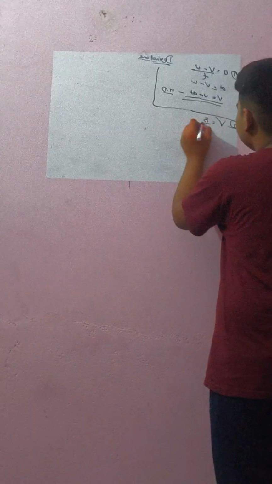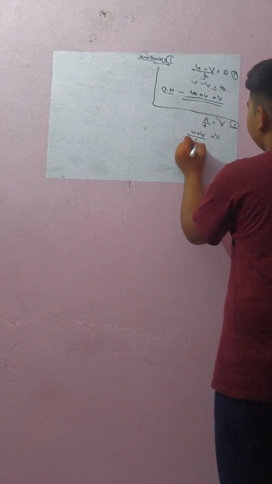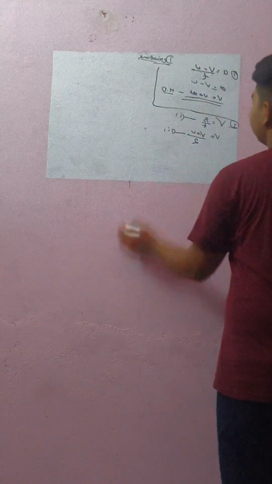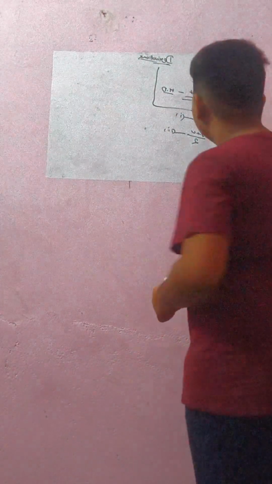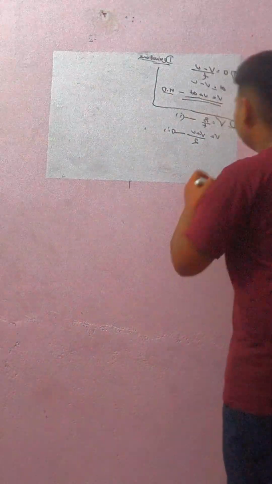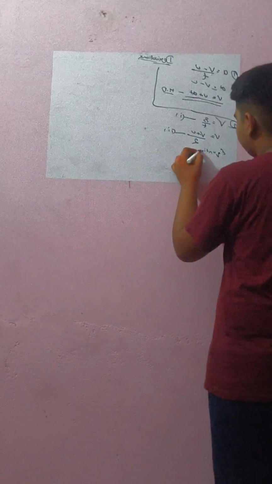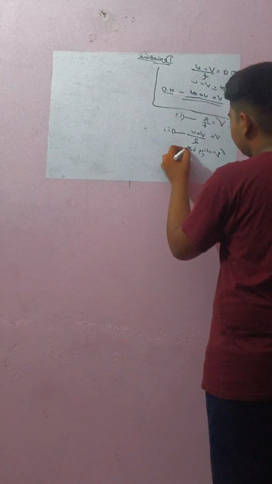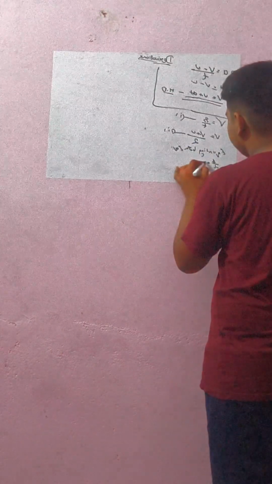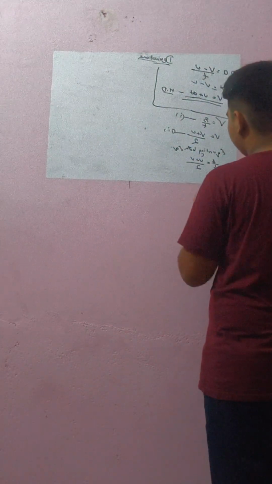Velocity equals displacement upon the time, and velocity equals v plus u upon 2. This is equation first, this is equation second. When we equate both equations, s upon t equals v plus u upon 2.